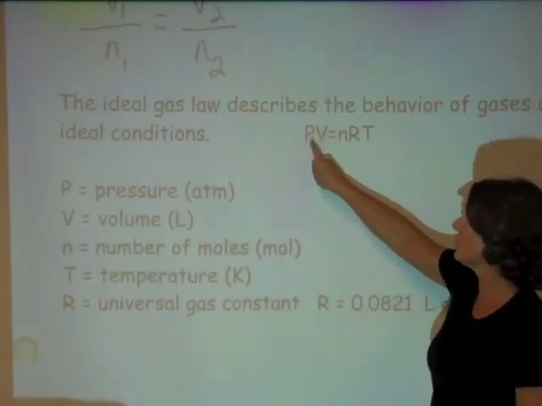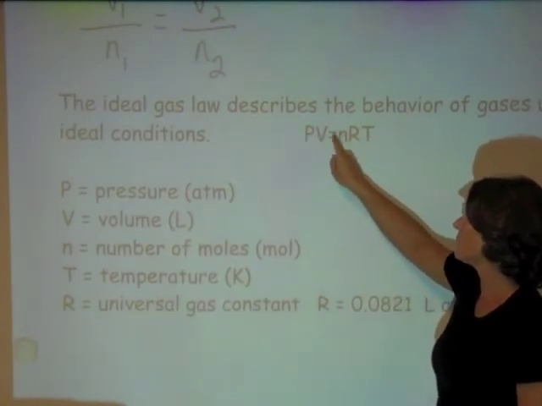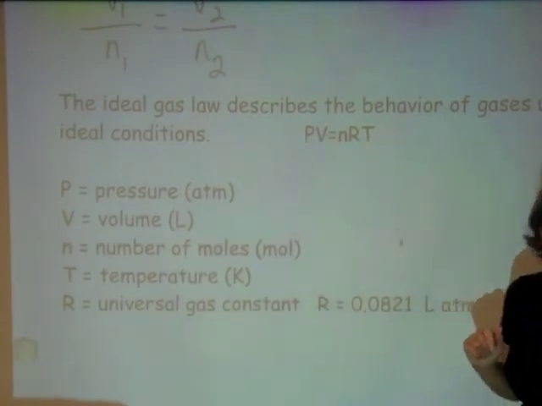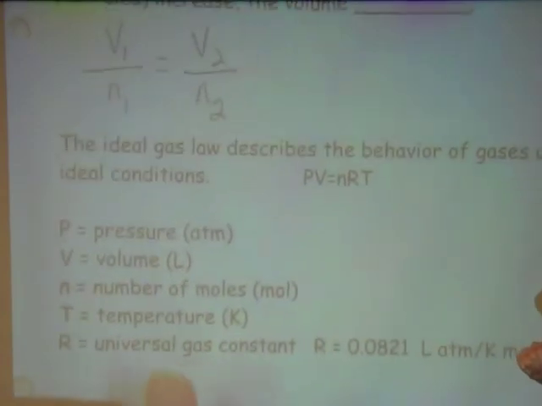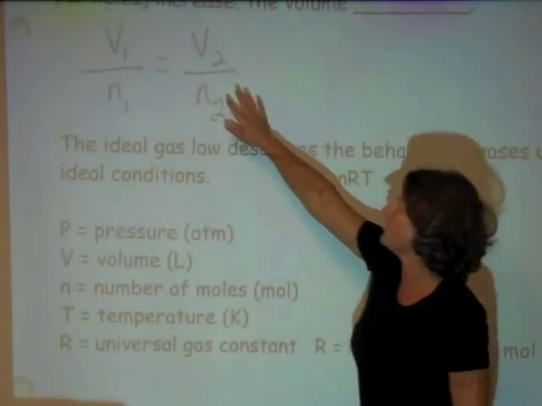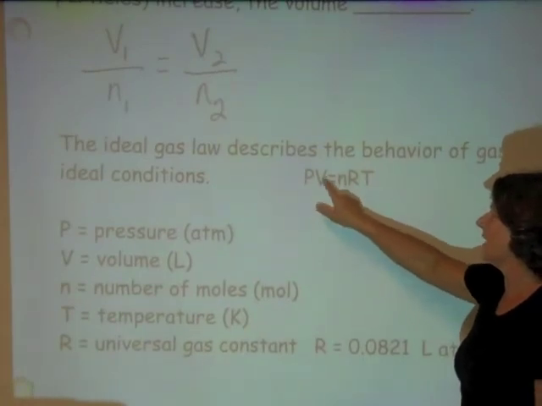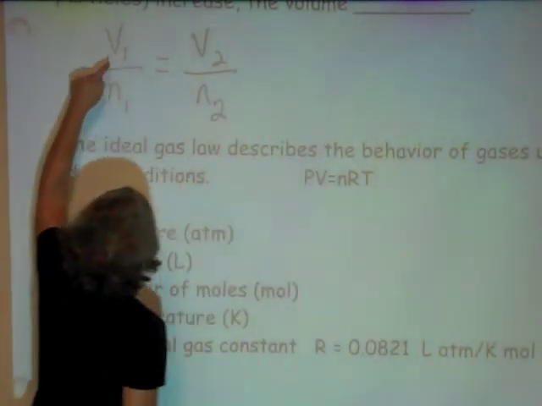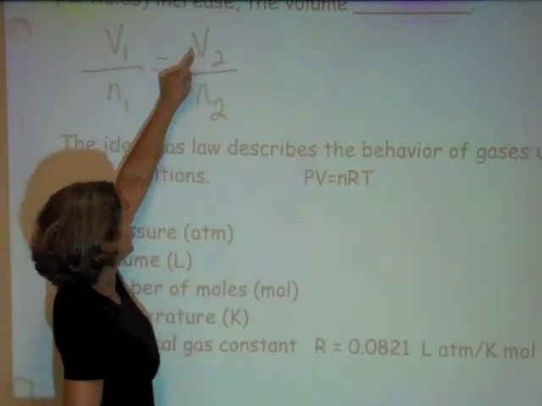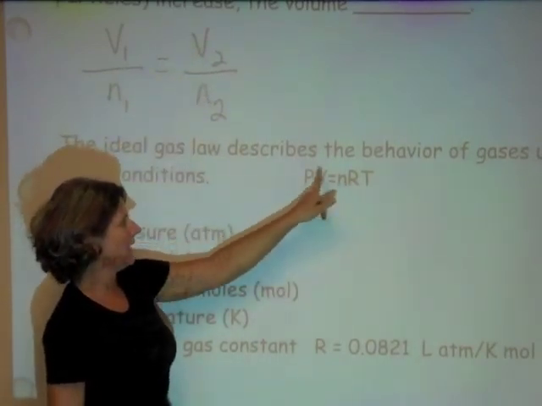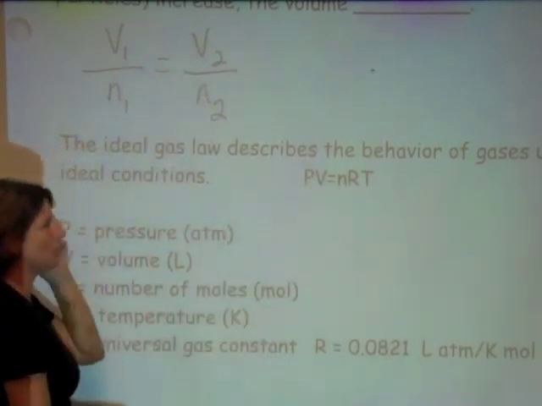Inversely proportional, directly proportional. Okay, so notice, you guys, we can always go to PV equals nRT to figure that out. V1 over N1 is equal to V2 over N2. V and N are on opposite sides of the equal sign.